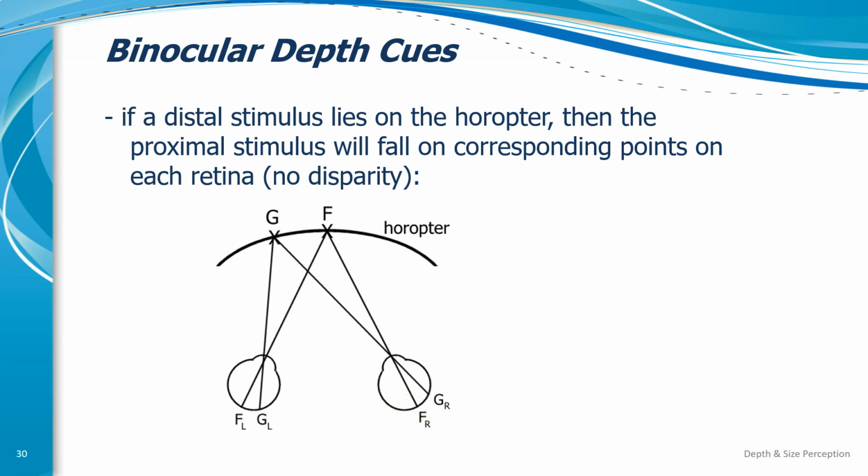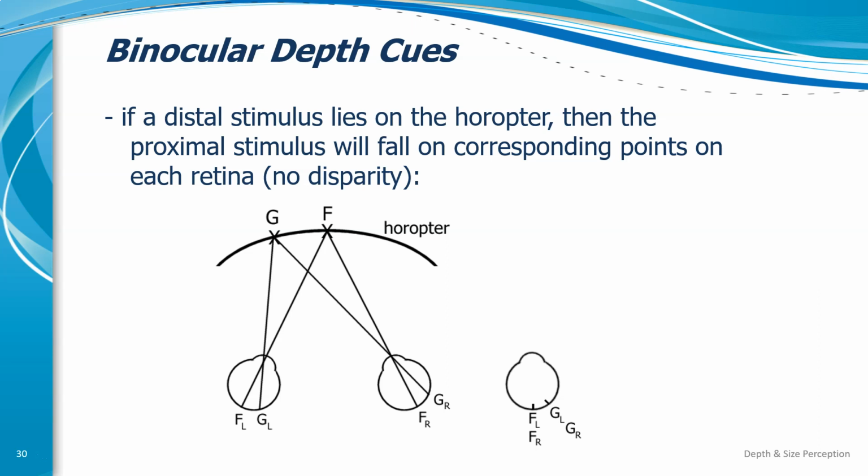Now, I know it's kind of hard to tell, so let me take these cross sections of the eyes and derotate them and overlap them. Okay, there we see FL and FR are on the same spot. These are called corresponding points. So the image falls on the same location on each retina. Okay, so we know how far away object F is because we're accommodating to it, we're converging to it, all of these things.